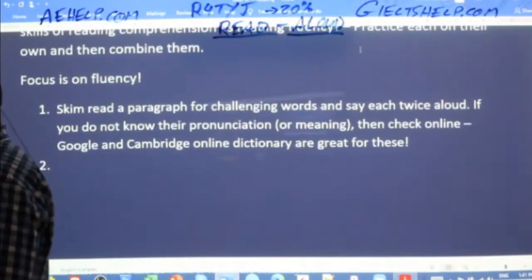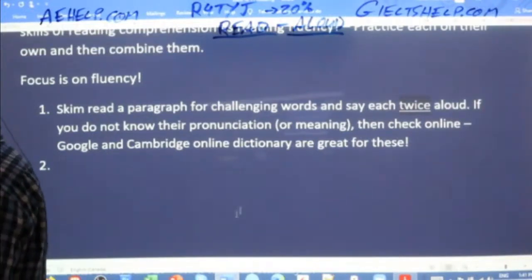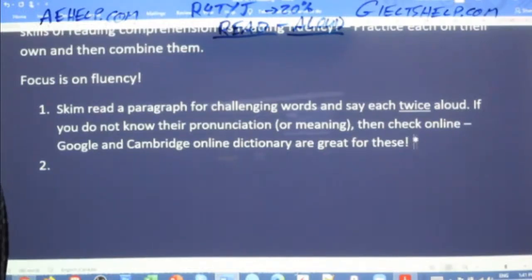It's very important to do this twice. Okay, of course it goes a little bit faster when you have a teacher who knows how to pronounce the words. Okay, and another point to keep in mind is more is better than less. If you kind of think it might be challenging, then say it twice aloud. So more is better than less.